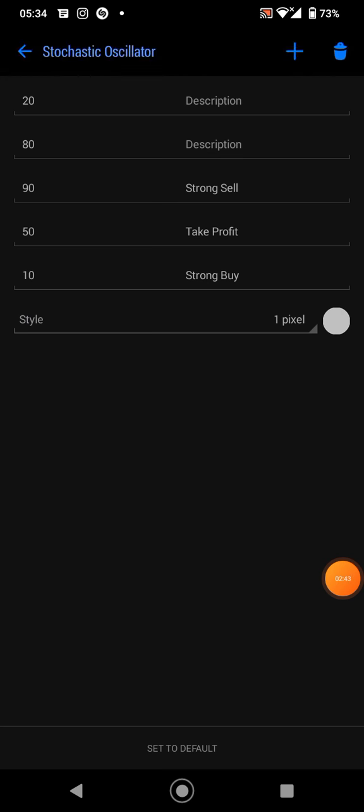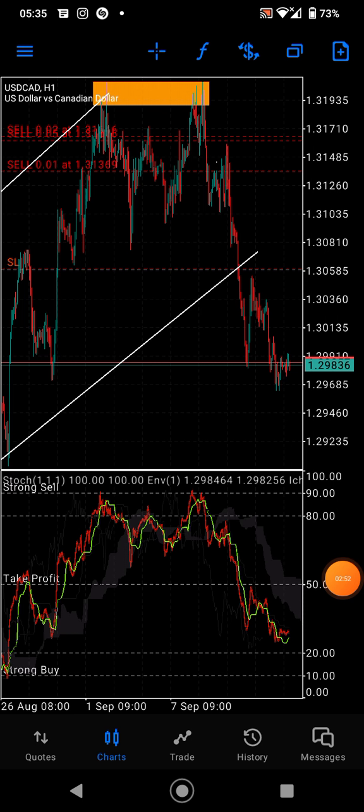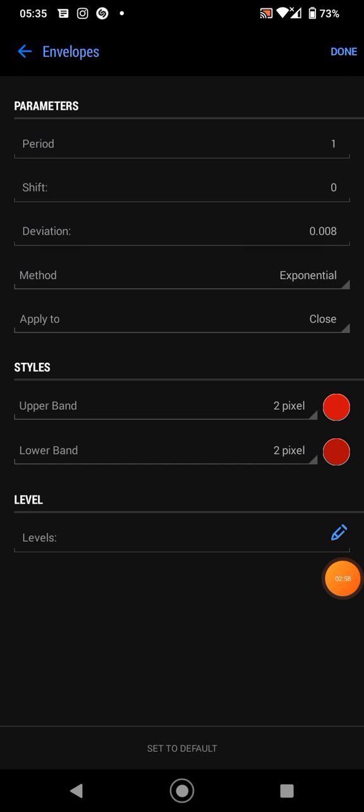When you're done punching in your settings like this, you press back, press done, and go to the next one. The next one is envelopes.